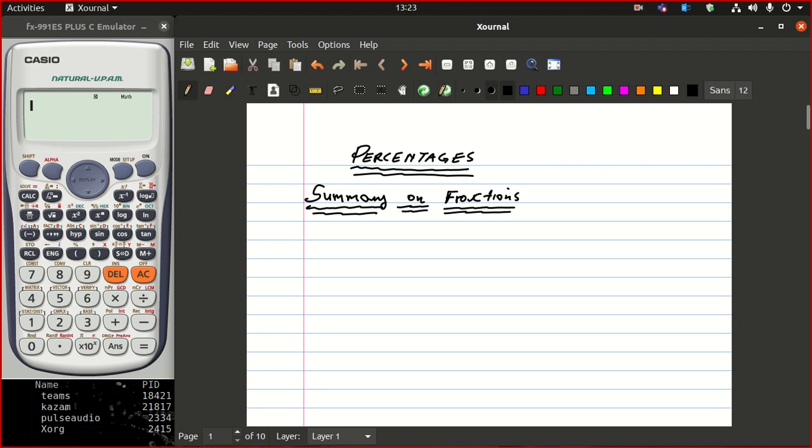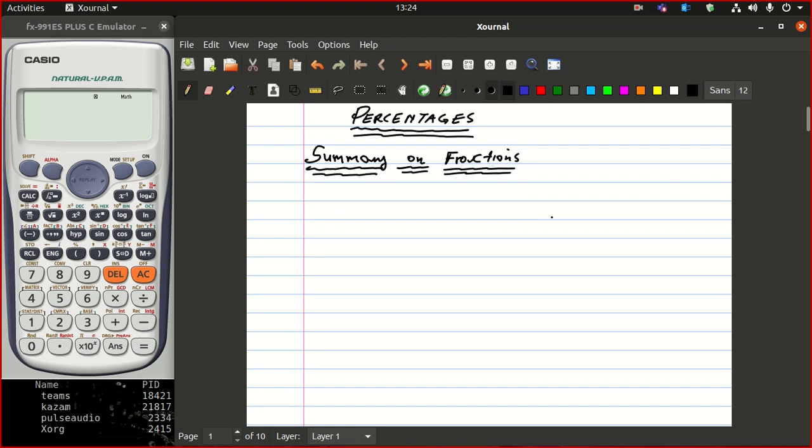We also talked about the conversion of fractions to decimals, and from decimals to fractions. And we talked about how you convert a proper fraction or an improper fraction to a mixed number. We did all those things, but the question still remains: what is a fraction and what is a fraction used for?